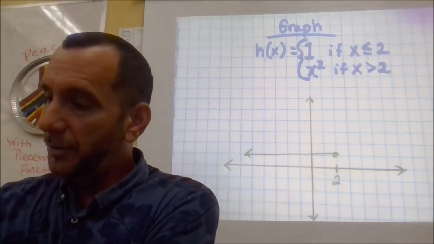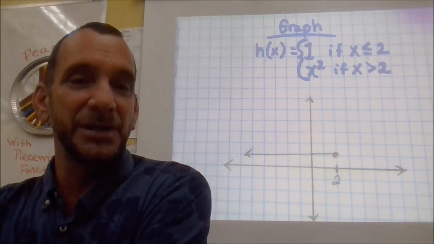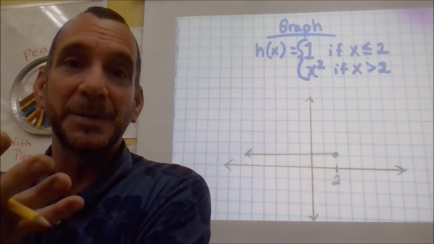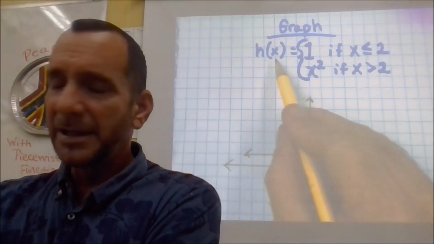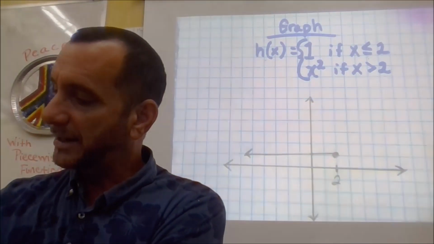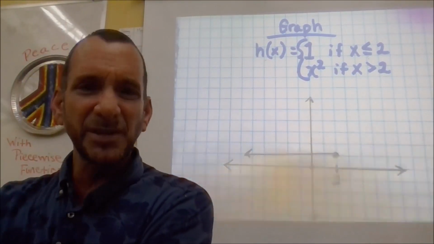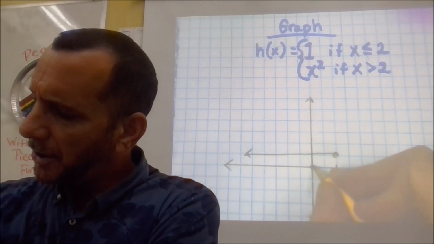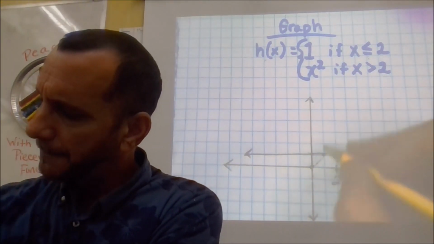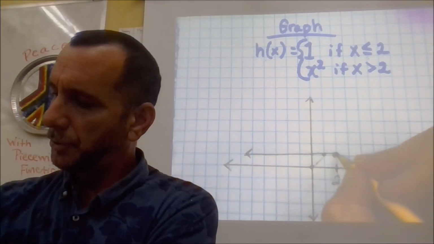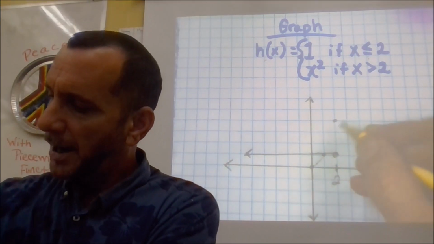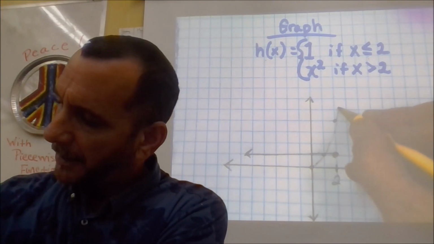So we know that x squared is the parent function of a parabola, and that's the most basic parabola. So let's remember that y equals x squared is a parabola, and I'm just going to sketch it lightly. It goes through 1, 1, and it also goes through 2, 4, and I'm just kind of sketching the parabola.